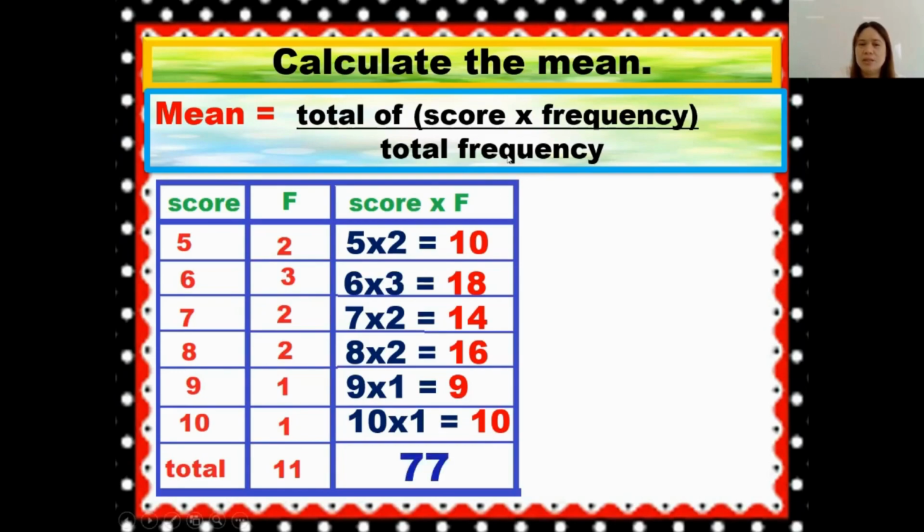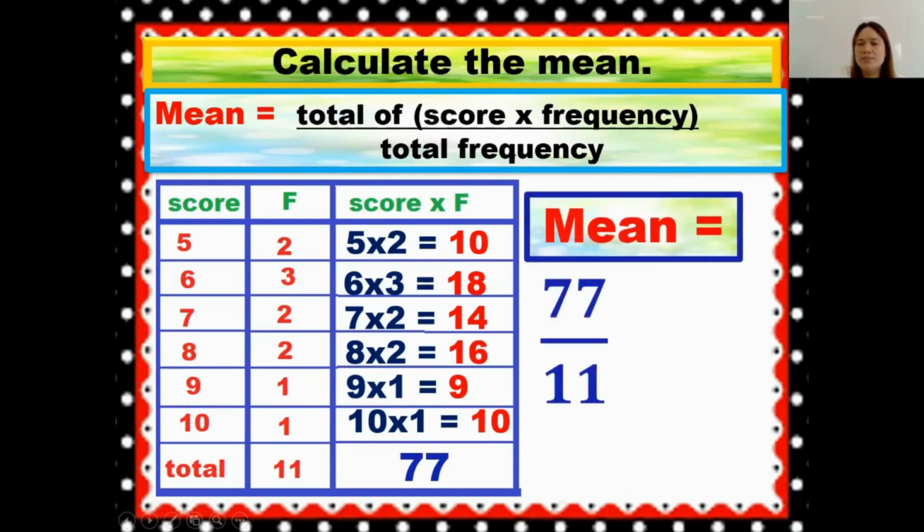Since we have the total already of the product of the score and frequency, and we have also the total frequency here, which is 11, we just simply divide 77 by 11, and that gives us 7 as the mean of this data. So again, CF is used for the median, and this one here, when you multiply the frequency to the score or to the number in the first column, that is needed to find the mean.